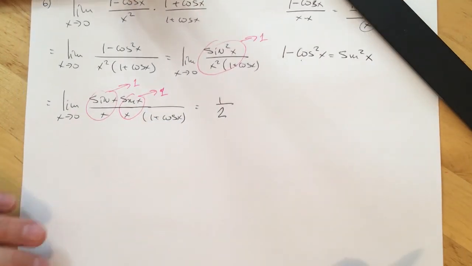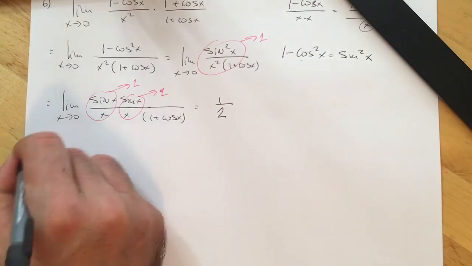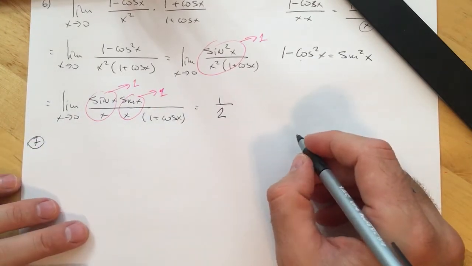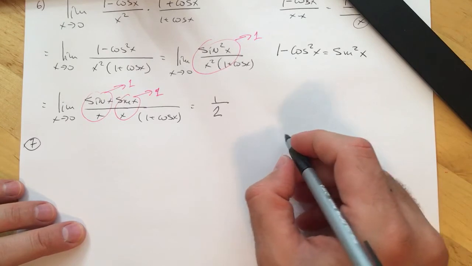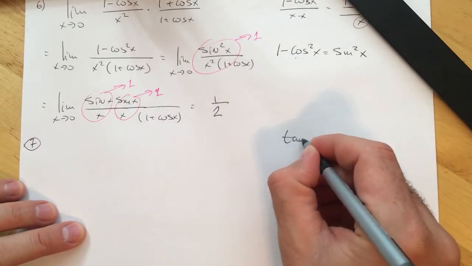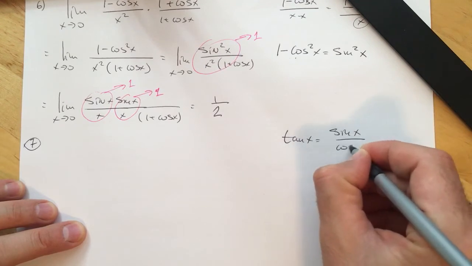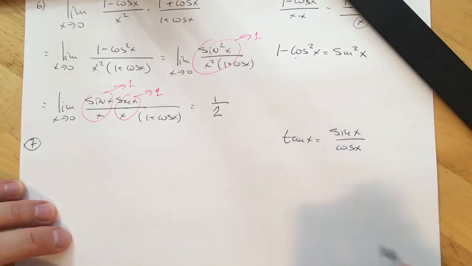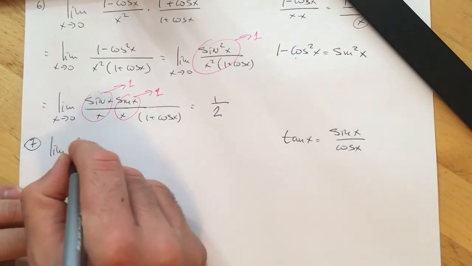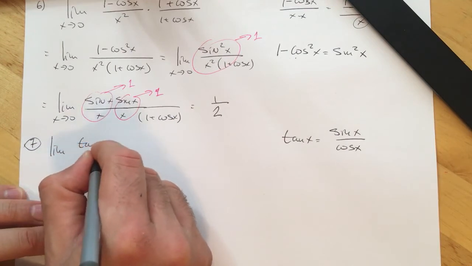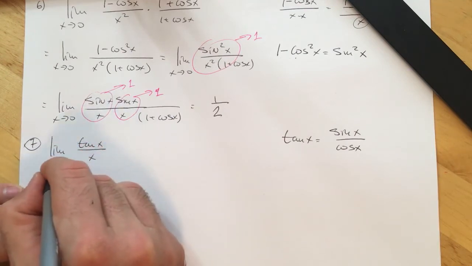Okay, in the next problem, we will use the trigonometric definition of tangent of x. Tangent of x is sine of x over cosine of x. The limit is tangent of x over x as x goes to 0.